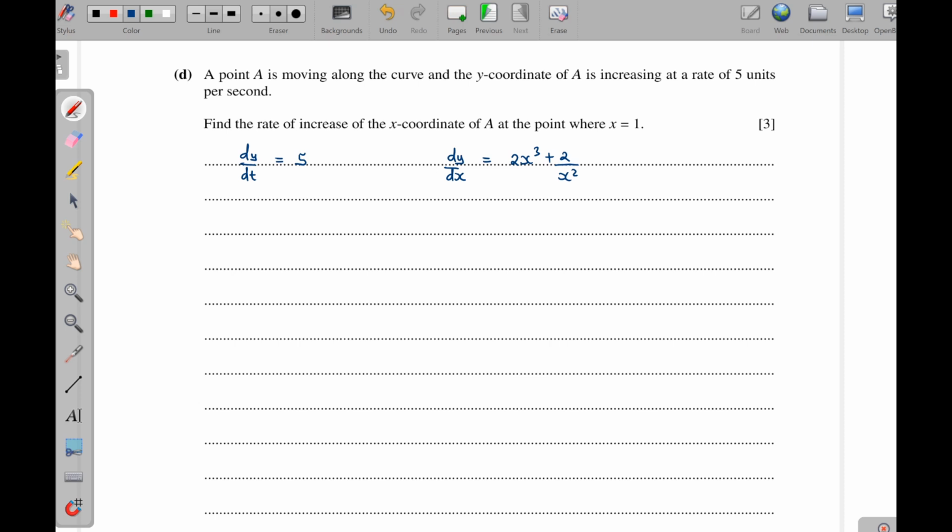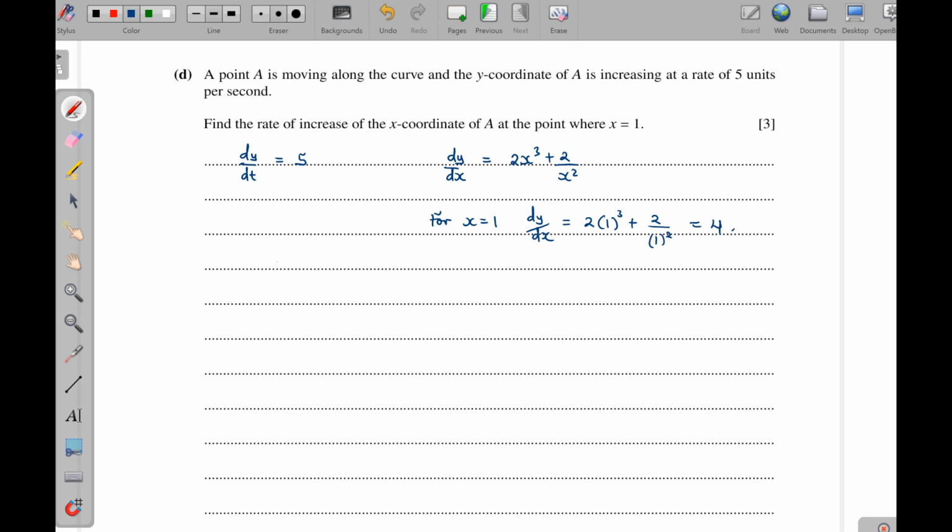So at this point, they have given us 1. Now, for x is equal to 1, what is dy dx? We shall have 2 times 1 cubed, that will be a 2, then plus 2 over 1 squared, that will be a 2. So 2 plus 2, that one gives us a 4.